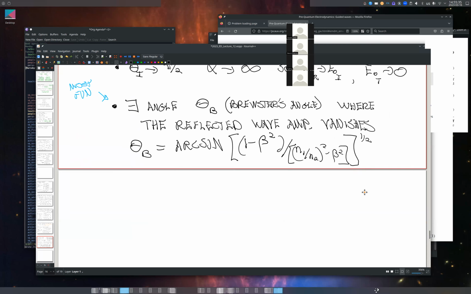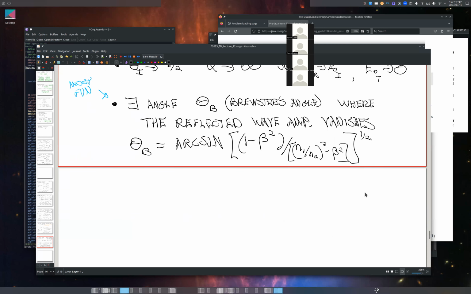So maybe just to complete here, in the notes, you can have the reflection and transmission coefficients for this, and it's just obvious from what we've done here.